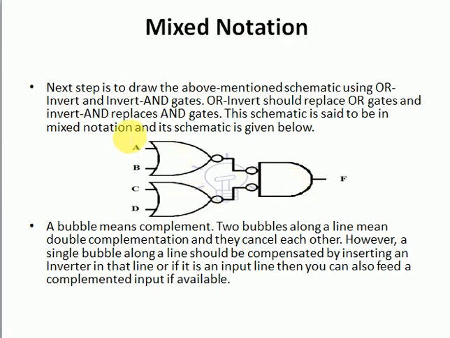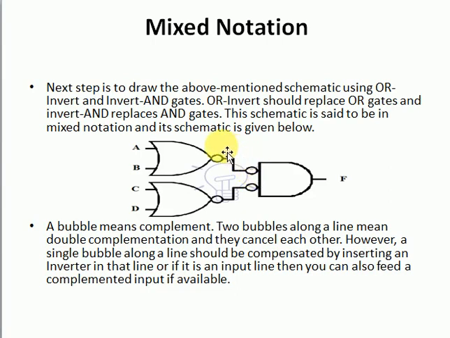Now here we have inputs A and B. At the output we get (A plus B) whole complement, and here we get (C plus D) whole complement. Now there are bubbles at both inputs of the invert-AND gate.